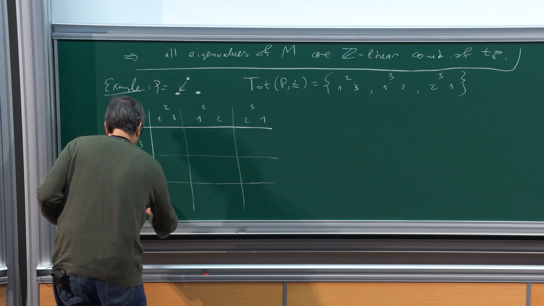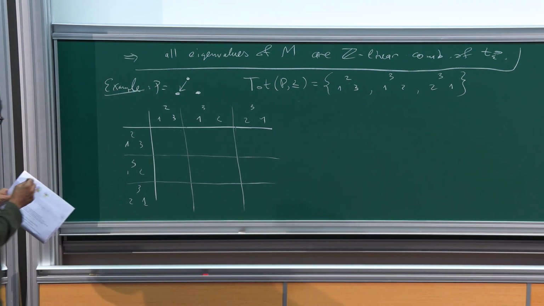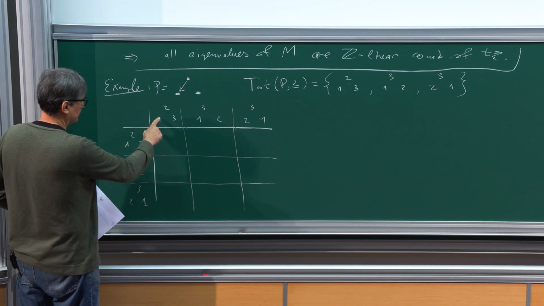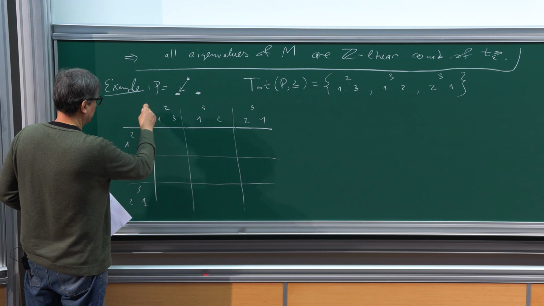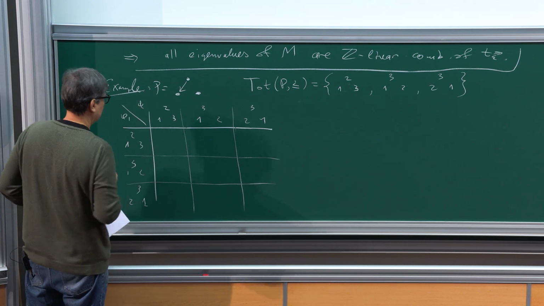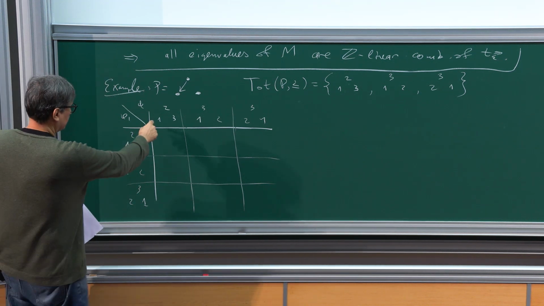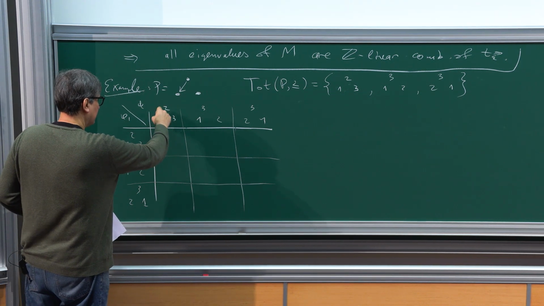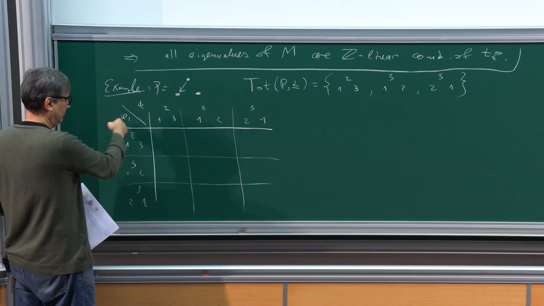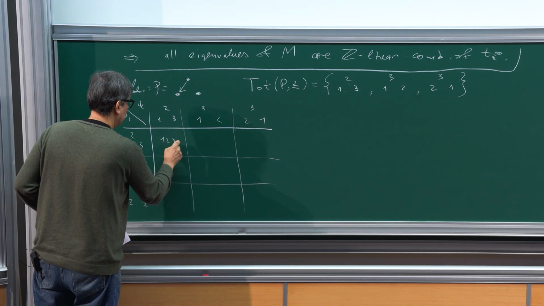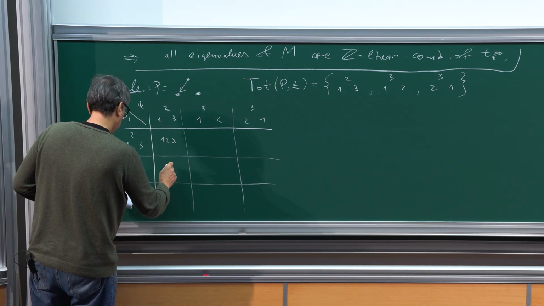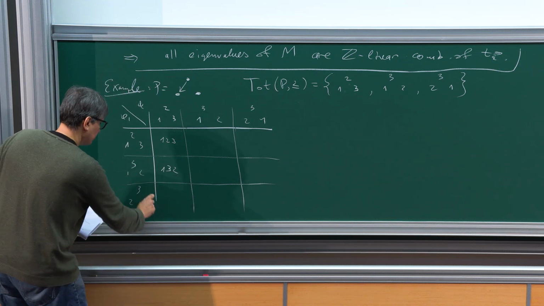Three, 2, 1. Now we have to see this permutation. Here it will be my phi2, and here it will be phi1. So I read elements of my set in the order given by phi2 and see what the order of phi1 is. I get 1, 2, 3; here it will be 1, 3, 2; and here I get 2, 3, 1.